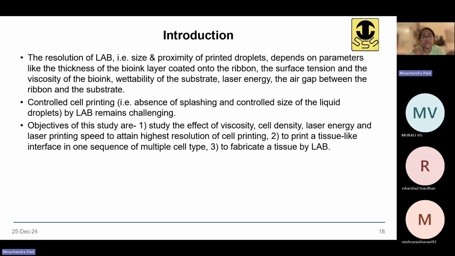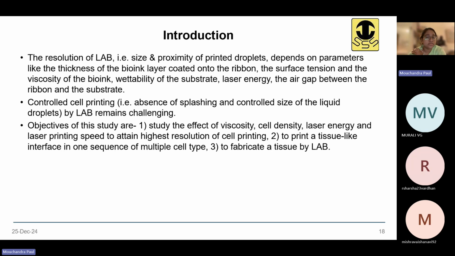So in this study, they are doing three things. First, they are studying the effect of the bioink viscosity, the cell density in the bioink, the laser energy, and the laser printing speed on resolution, meaning what is the highest resolution that you can achieve through this laser assisted bioprinting.